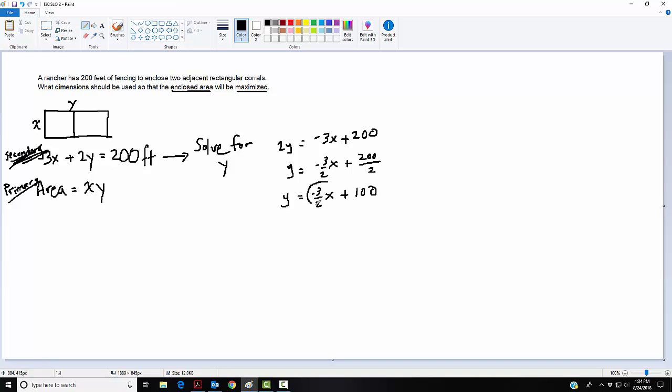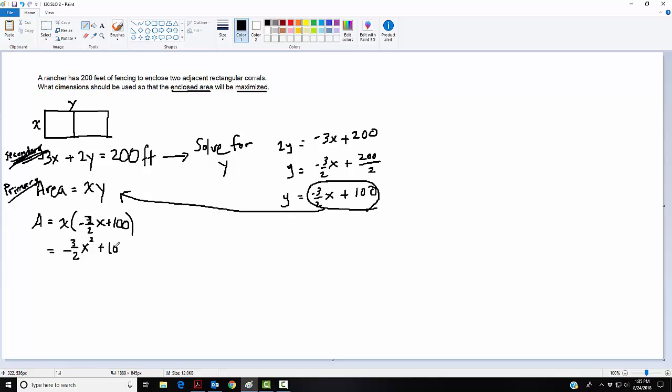Now, I'm going to take my secondary equation and substitute it into my primary equation. Really straightforward in so many ways, because what happens then is I have x times negative 3 halves x plus 100, which is negative 3 halves x squared, really bad 3 there, plus 100x.